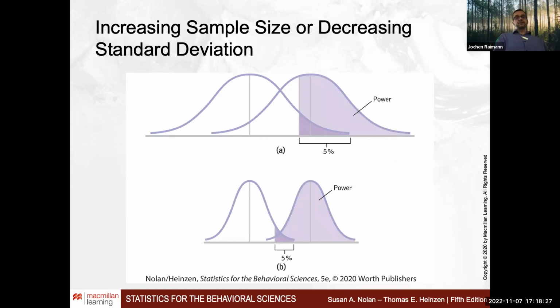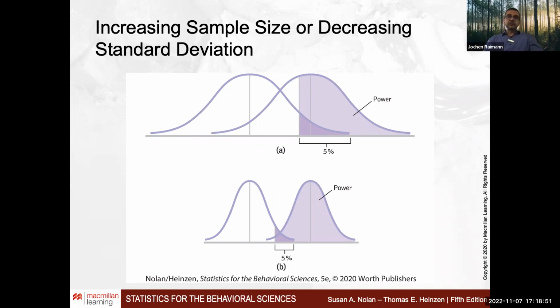Thirdly, and the most efficient one, is increasing the sample size with the same difference. So you're lowering the variability and you're solidifying that sample mean. Thereby, you decrease variability and you get a more accurate estimate of your sample mean.